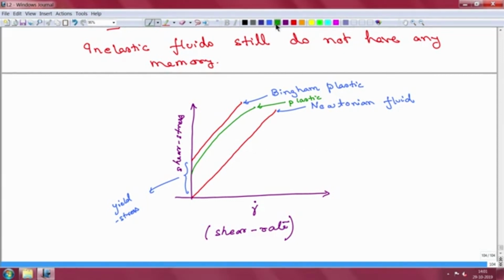And that brings us to another type of fluid, which maybe I will use black here, and this graph represents a shear thinning fluid, also called a pseudoplastic.